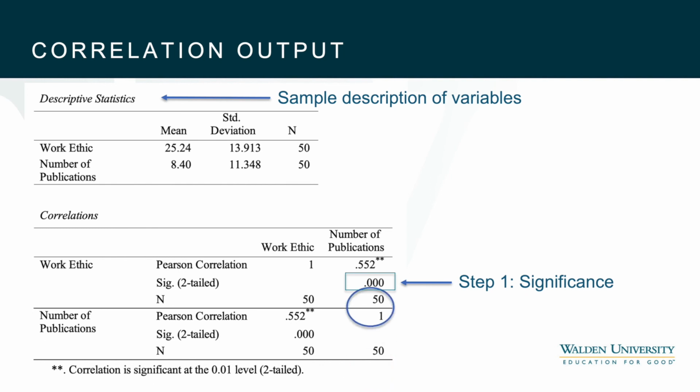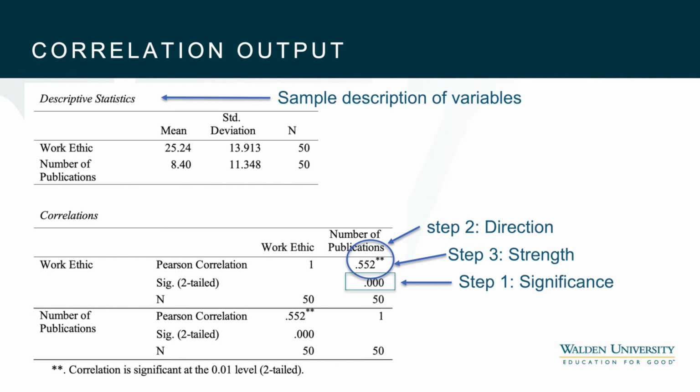The second step focuses on the correlation coefficient. There is no sign in front of this number, so this is a positive direction. Both variables move in the same way. But we also want to interpret the strength, and 0.552 was deemed strong as per the threshold values that I showed earlier.